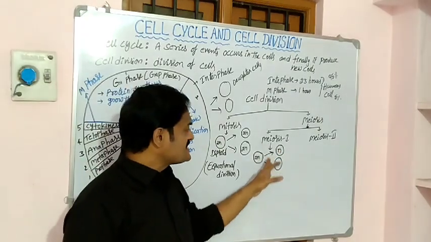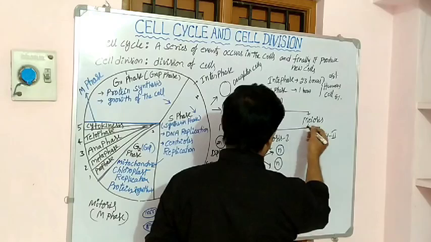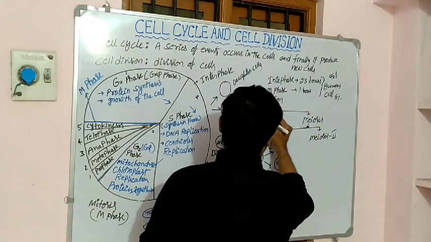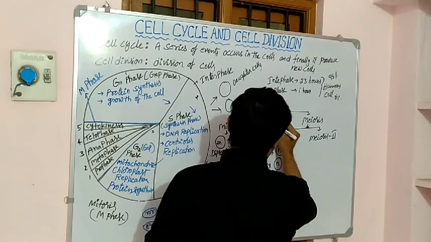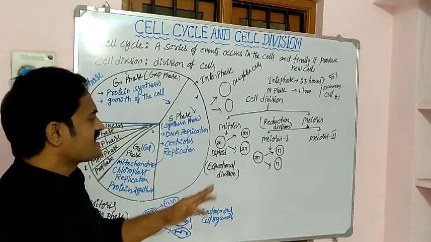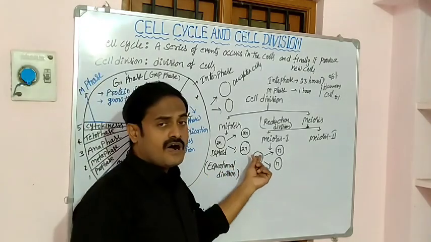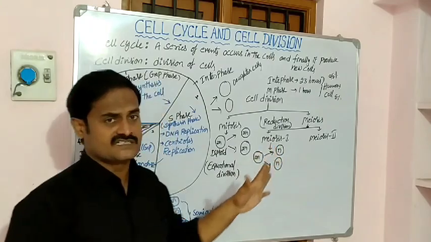But here this is not equational division. Meiosis is which type of division? Reduction division. Remember, meiosis 1 is a reductional division. Only half the number of chromosomes are given to the daughter cells.